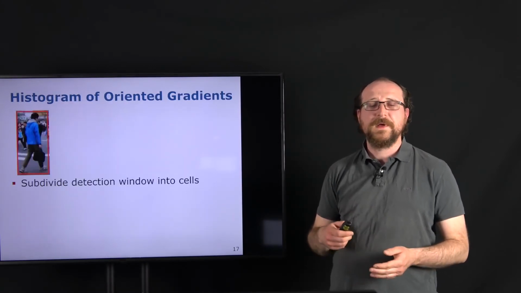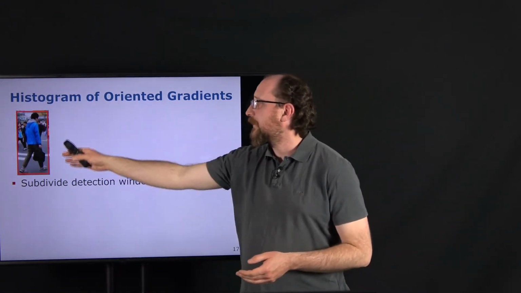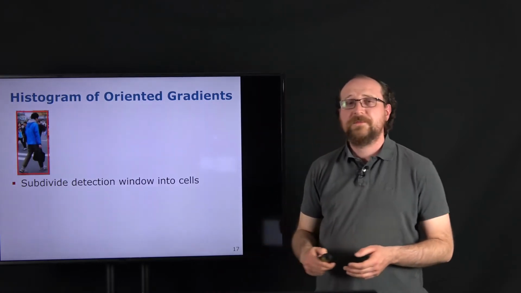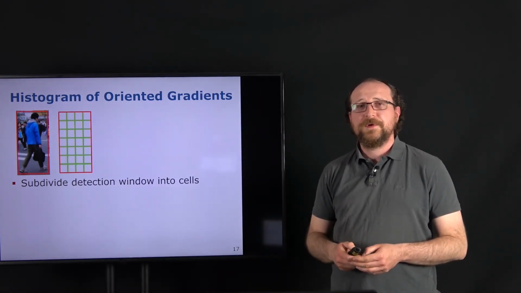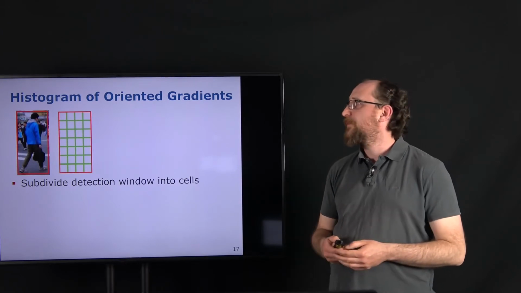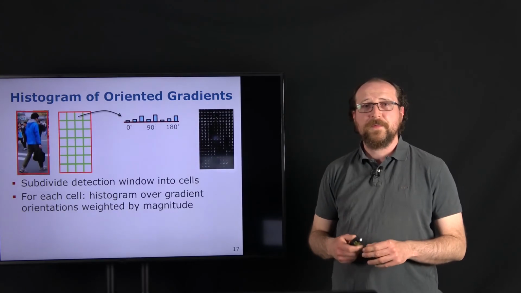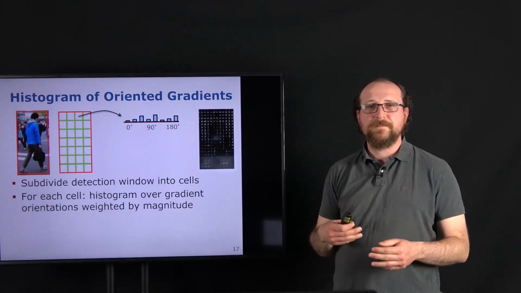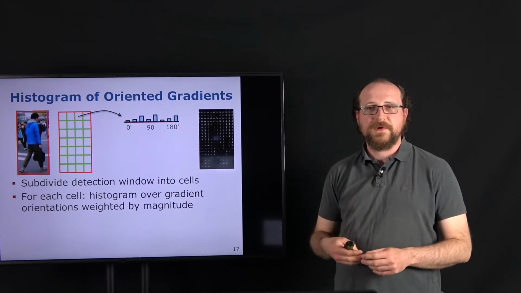So we have some region from the image, here in this case this pedestrian, and we subdivide the detection window into cells. For each of these cells, we compute the histogram of the gradient orientations, where we weight what we integrate into the histogram by the magnitude of the gradient.